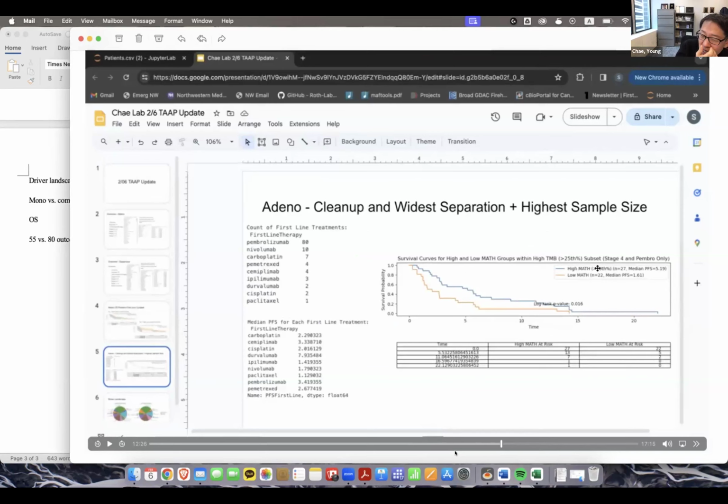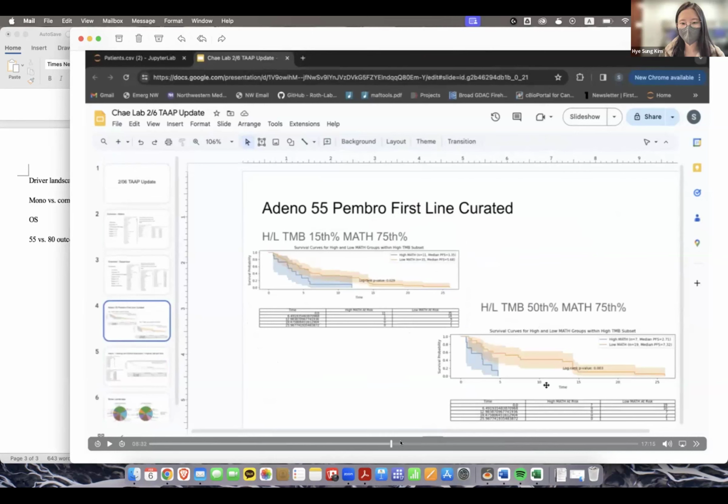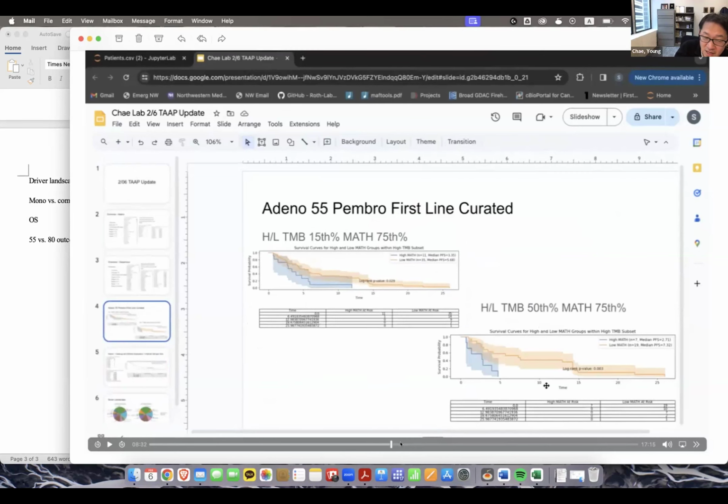But here high TMB is defined as 25%, which is different from the other graph, where they used 50%. Can you go back? Oh, no, 15%.